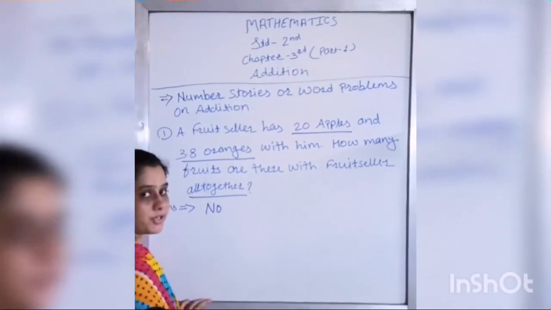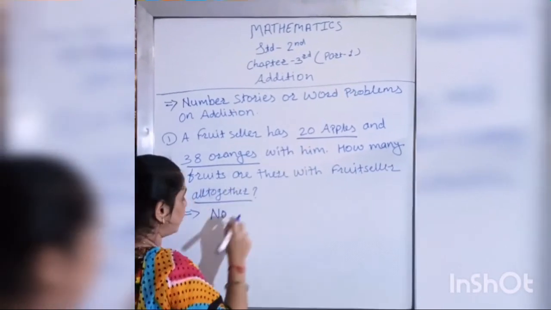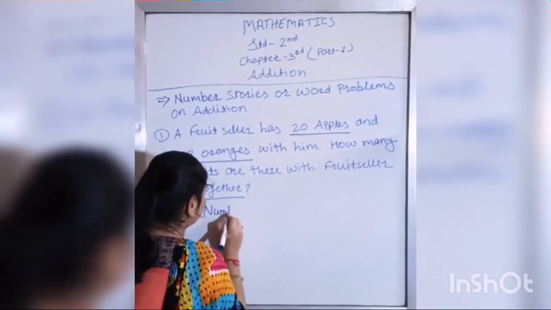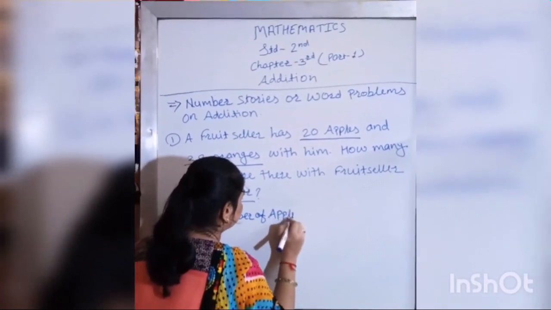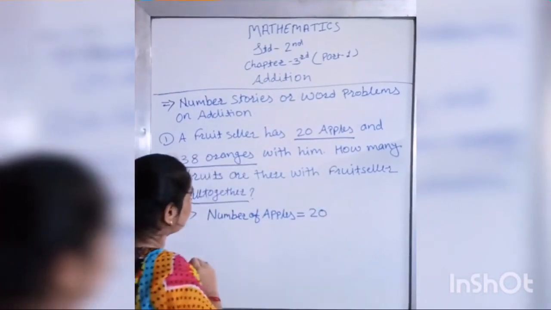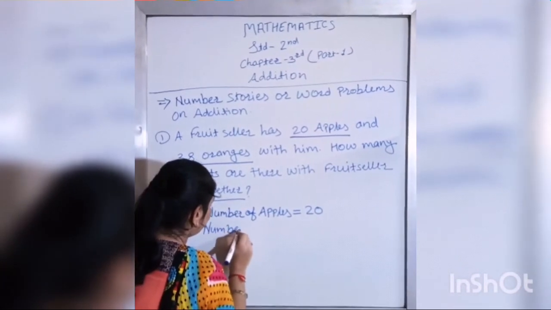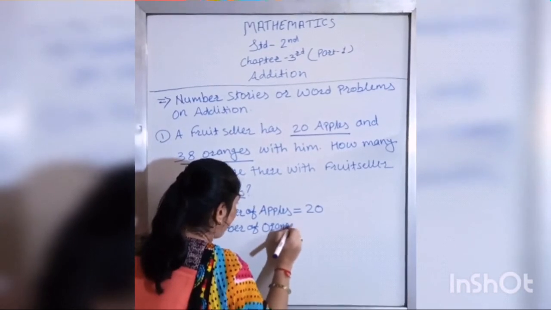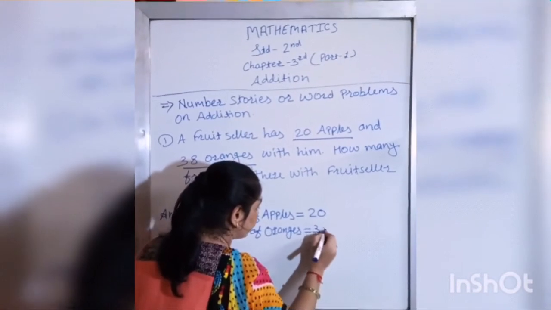See, we will write first the information which is given in the question itself. The information is given about the number of apples. How many apples are there? 20. Next, what is given? Number of oranges. How many oranges are there? 38.